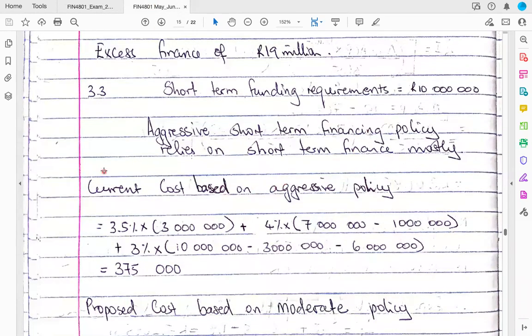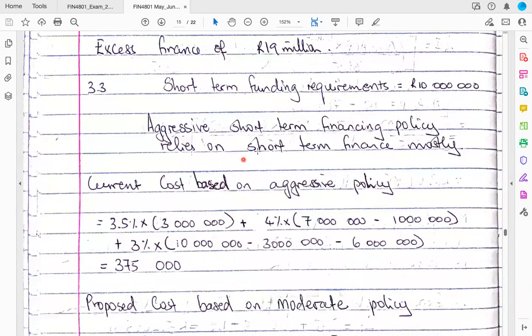So the idea is you can have an aggressive short-term financing policy. With an aggressive short-term financing policy, you need to finance your operating assets and so forth, but you rely heavily on short-term finance.